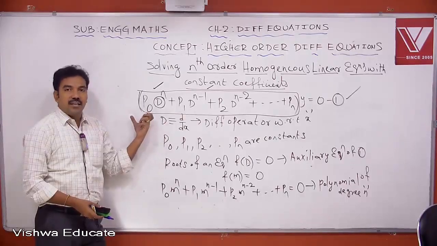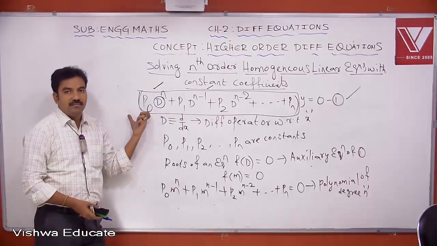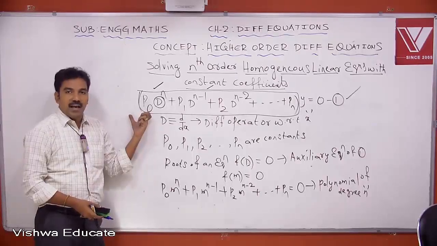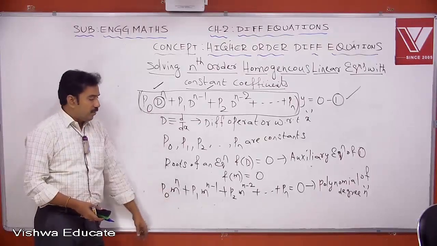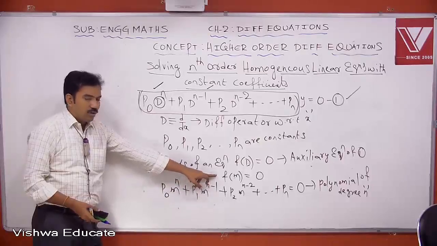Next, the auxiliary equation of equation 1 is given by f of m equal to 0.